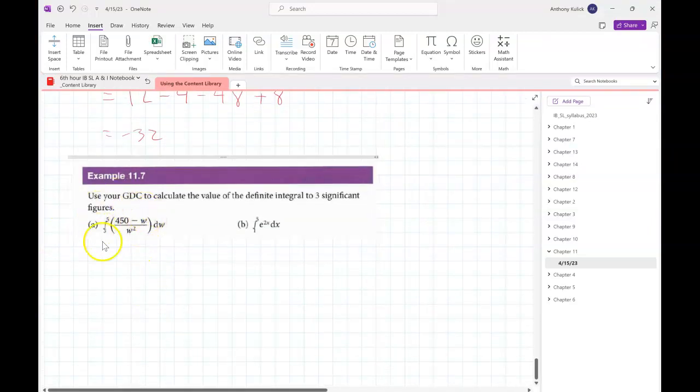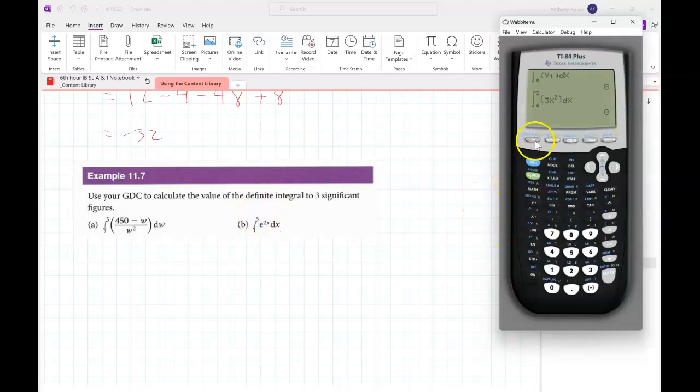So notice that if we tried to simplify this piece over here, we'd end up with 1 over w. That's w to the -1, so our power rule antiderivative doesn't work on that. You need a different derivative rule. Or this one where we have a function 2x inside of another function like e to the x. I don't know how to do that either. Doesn't matter. Your calculator will handle it as long as it's a definite integral.